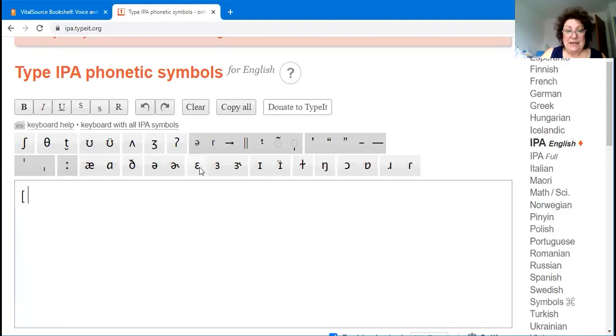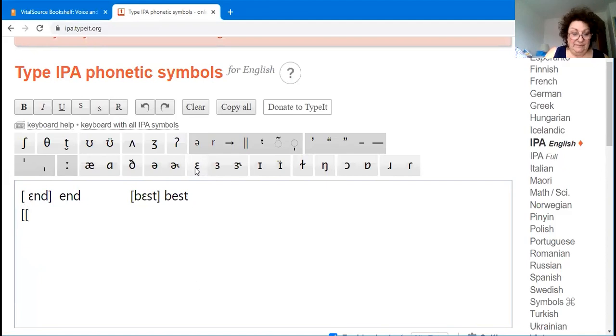So the symbol is ɛ, and then we have b-ɛ-s-t, gives you best. So I'm on page 157, and I'm writing some of the words.